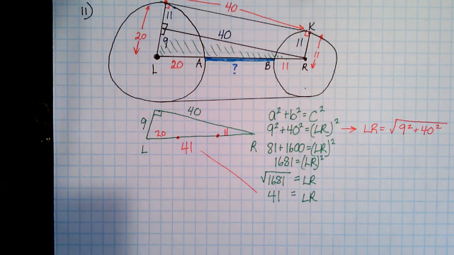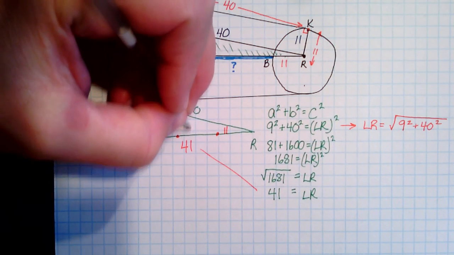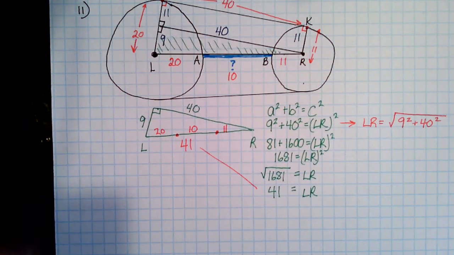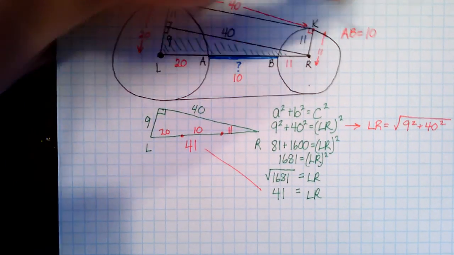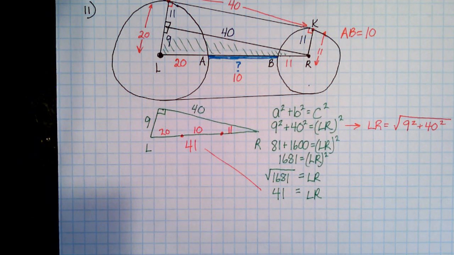That accounts for 31 out of the 41. So this middle portion, what's left over, is 10. So the distance from A to B is 10. Because 20 plus 10 plus 11 equals the entire distance, 41.